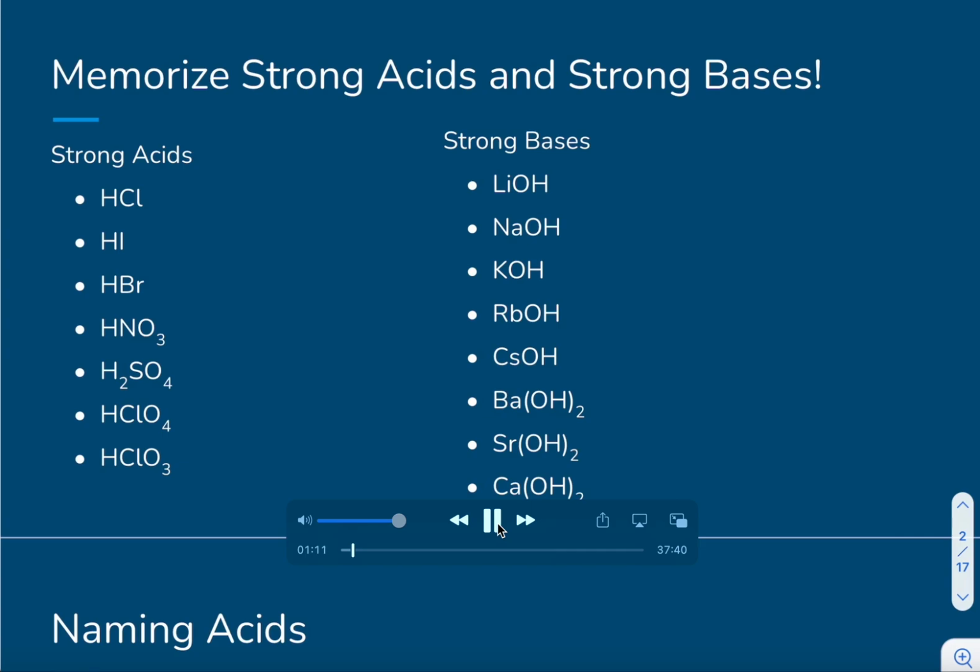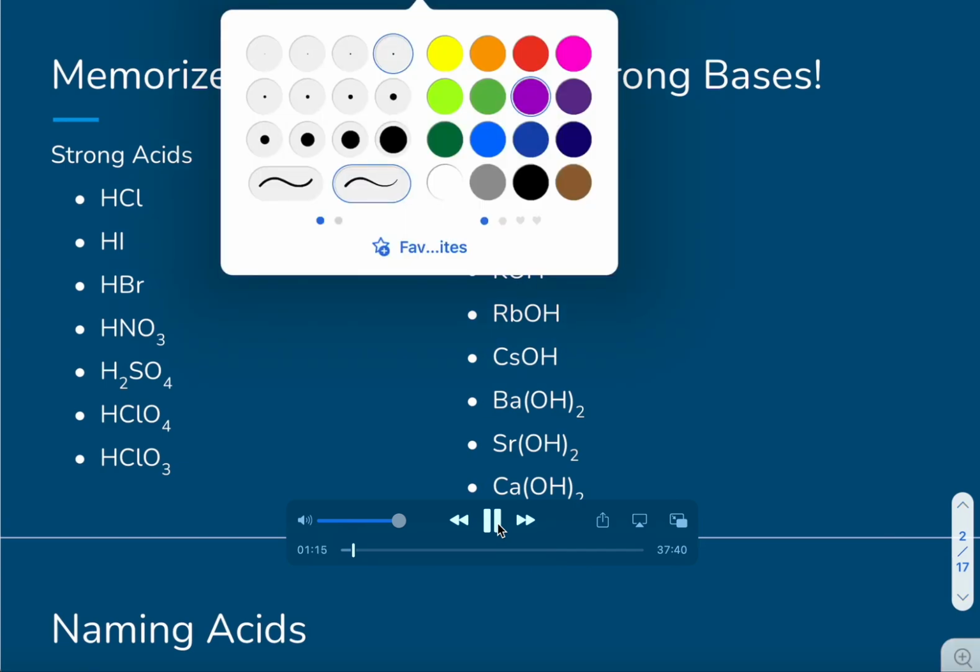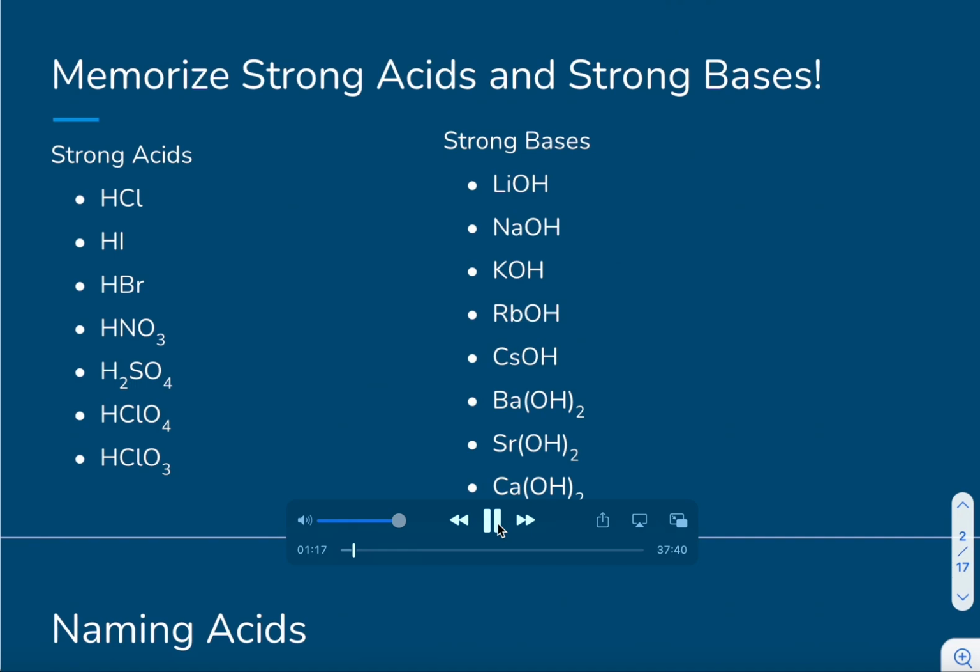So group 1 hydroxides for bases are going to be strong. So you can see all of these group 1s are strong, or 1A, and by that I mean on the periodic table.